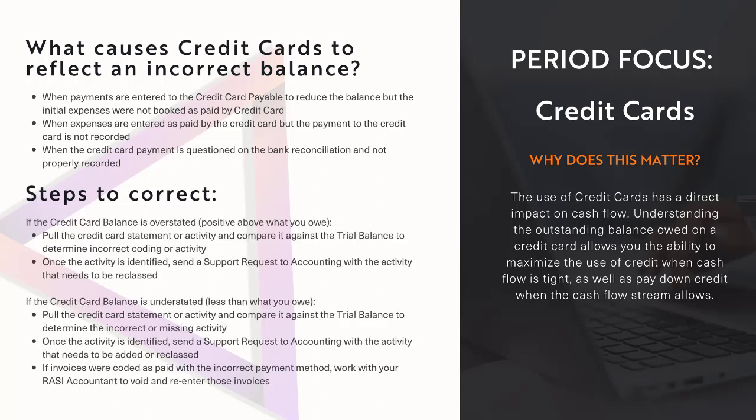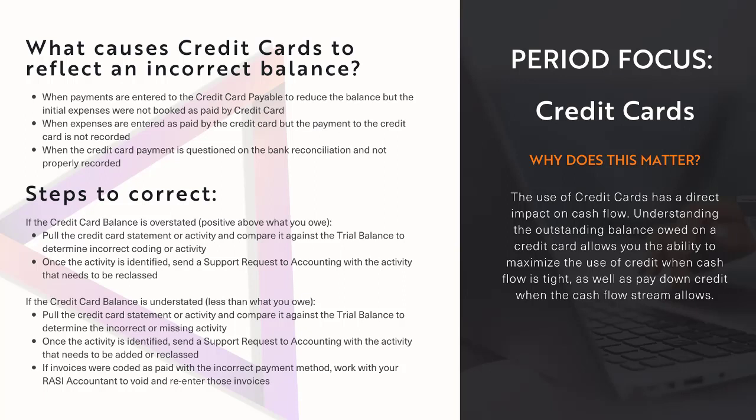The first step is always to isolate what activity is incorrect. So pull the credit card statement and compare it against the trial balance to determine the activity that's incorrect. If the balance is overstated or positive above what you truly owe the credit card, once you identify the incorrect activity, communicate with your accountant so they can make the appropriate journal entry adjustments.